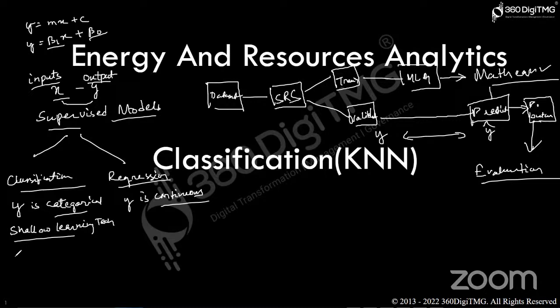One is the probability method, using probability, which is shown by the naive Bayes model, the Bayesian model. We also have the distance-based classification model, which is shown by KNN, which is our topic for today.